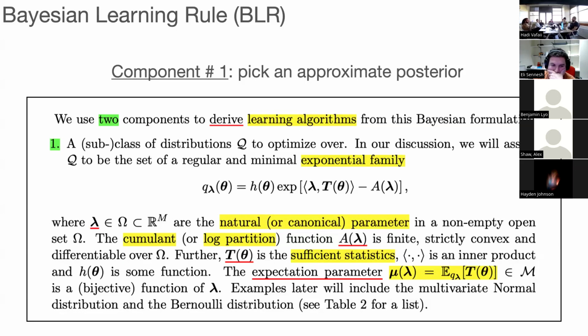I'm curious, how can you just arbitrarily increase the number of statistics? It's not about increasing, T of theta could be a complicated function of theta. As long as it has sufficient information to fully determine your parameter, that's the conditional independence assumption. So you can actually make T of theta. Yes, go ahead, if you like.